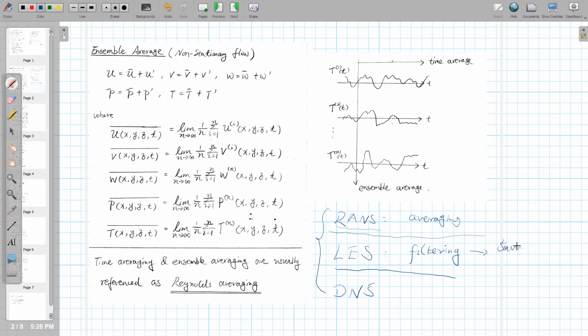In RANS you average on time, the temporal space. Filtering in LES is the averaging on the spatial space, on X, Y, Z. What does this mean? First we need to know the turbulence concept called the energy cascade.